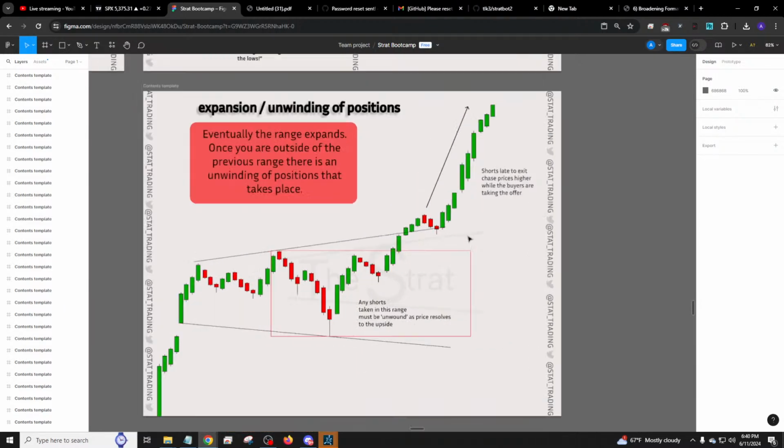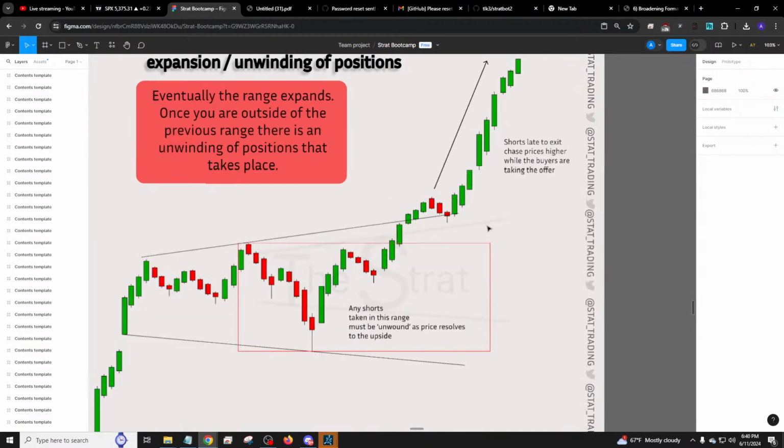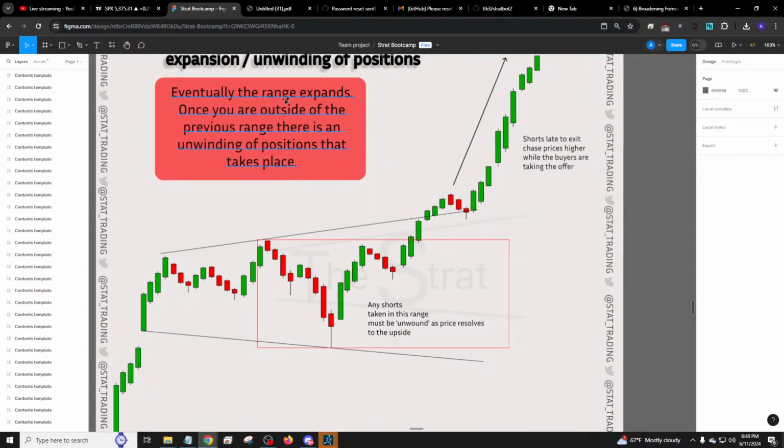So the expansion is an unwinding of positions. Since we know eventually this range will expand, once you are outside of the previous range, people unwind their positions, meaning people are obviously trying to shorten here, right? Any shorts that had not exited yet, they will chase prices higher as we drift away from this range.